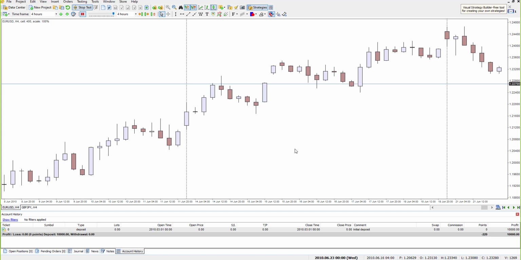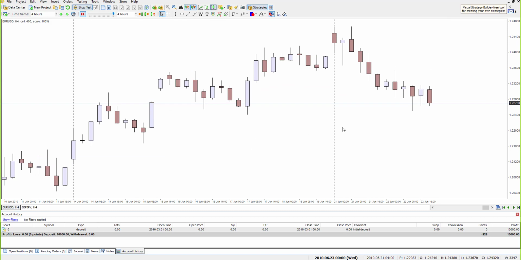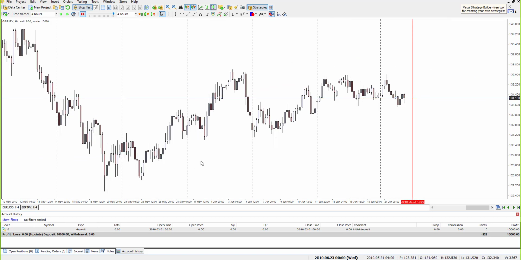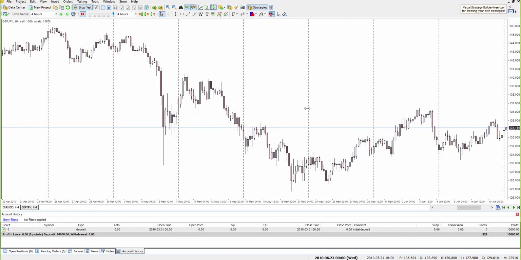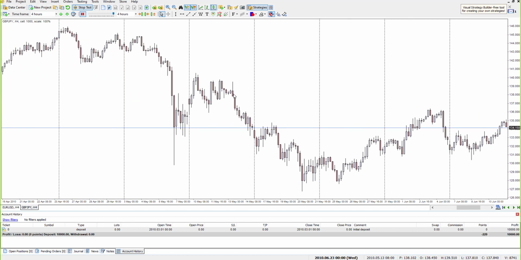So I don't know. But anyway, here we are on the euro, and I also have the pound yen. Let's see if we can find any on the pound yen here. Here's one right here. One of the things I want to point out is that I don't like taking... Here's one right here.